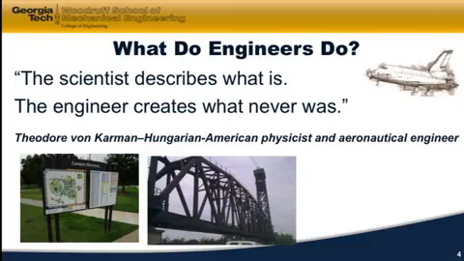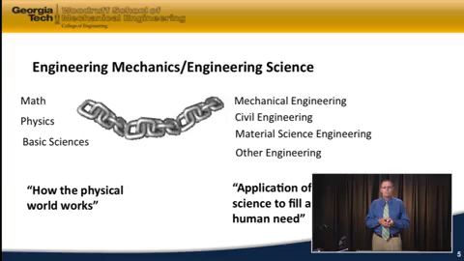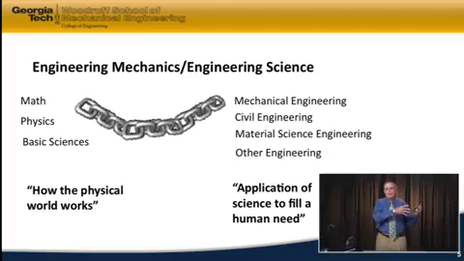Or maybe even as complicated as the space shuttle. These are all systems that are analyzed by engineers, and by successfully completing this course, you'll have a good understanding of basic engineering. So what is engineering mechanics? I said this is an introduction to engineering mechanics or engineering science. Well, engineering mechanics takes the basic sciences, the physics, the math, the things about how the physical world works, and then it's the linkage.